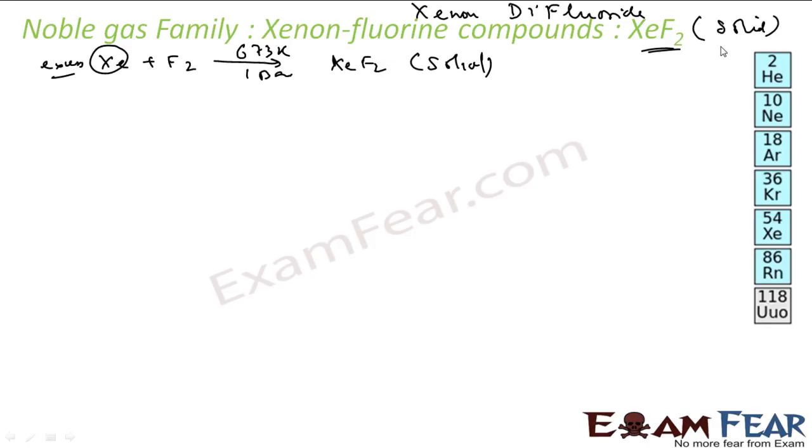The other way to prepare xenon difluoride is to directly heat xenon with excess oxygen difluoride. You have O2F2 and you heat it with xenon, both are gas, and you get XeF2 as a solid and oxygen goes out.